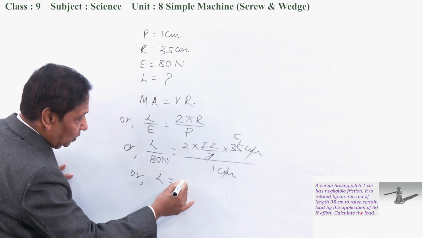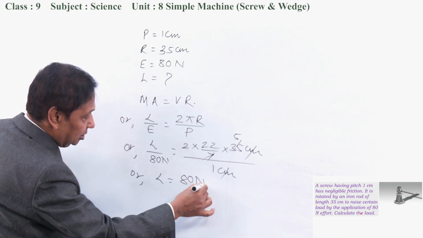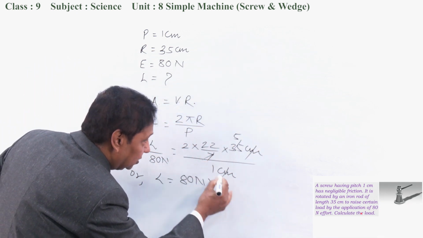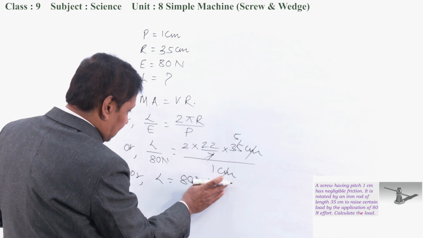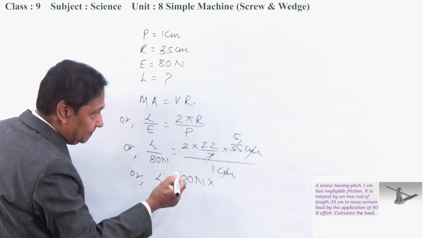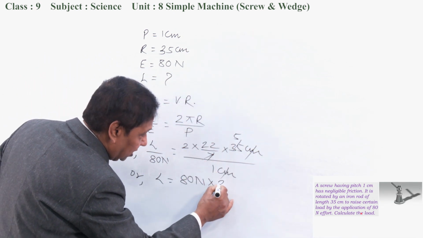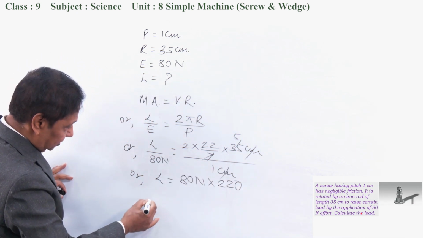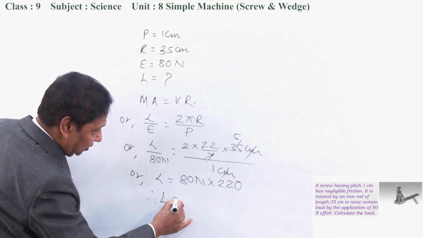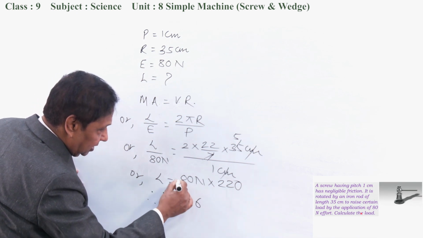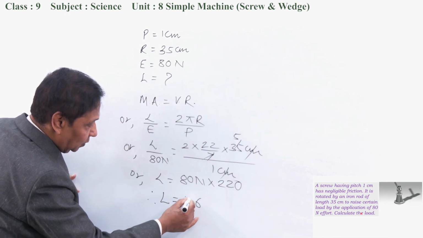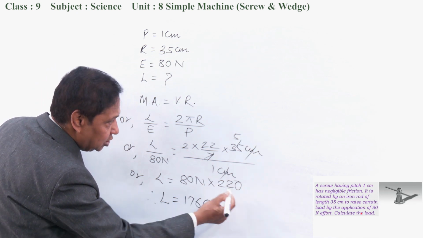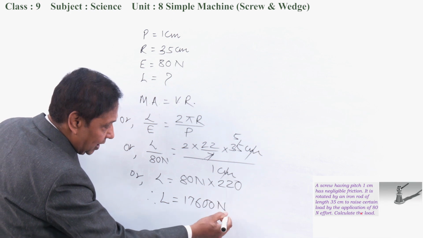L is equal to 80 Newton into, now 5 2s are 10, 10 multiplied by 22 becomes 220. Now only Newton is left, therefore load is equal to 8 2s are 16, carry over 1, 176, 0, there are 2 zeros, and Newton, this is the final answer.